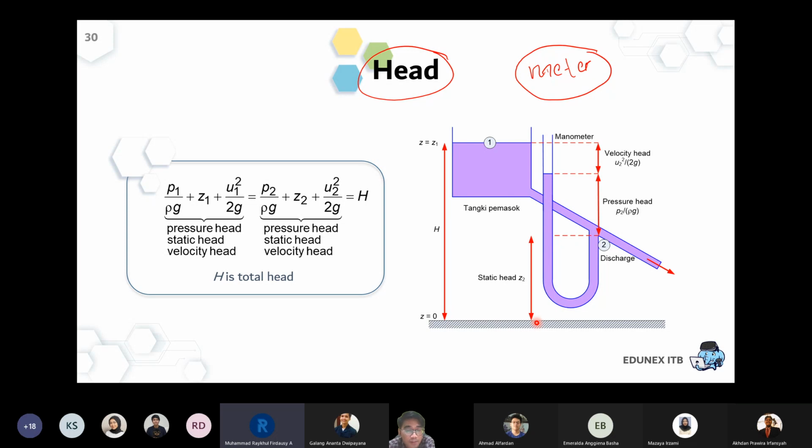Okay, and then the difference between this point and this point is basically bahwa apa yang ditunjukkan oleh beda tinggi antara titik ini dengan titik ini. Masih ingat nggak? Kalau manometer. The concept of hydrostatic.